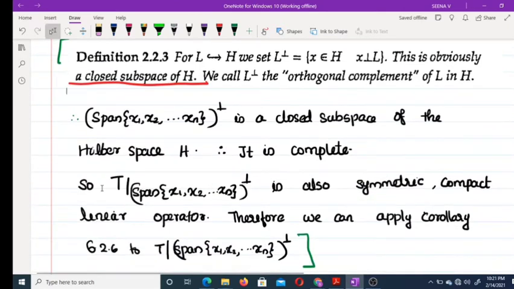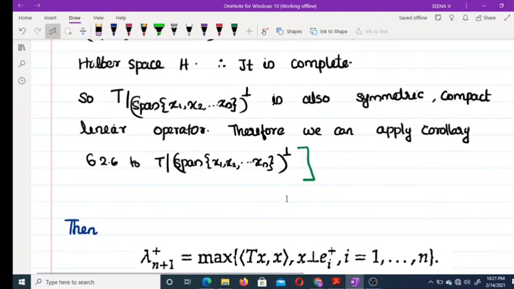Therefore, we can easily say that the restriction of T to the span of x1, x2, etc., xn perp is also a symmetric and compact linear operator. So we can apply Corollary 6.2.6 to T restricted to the span of x1, x2, etc., xn perp. Clear?